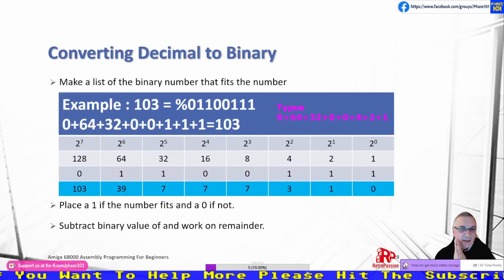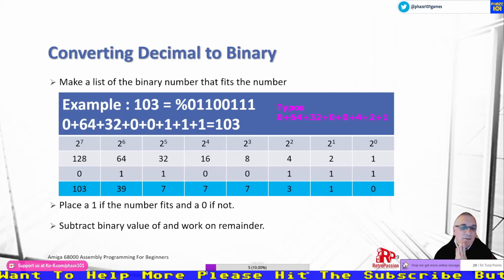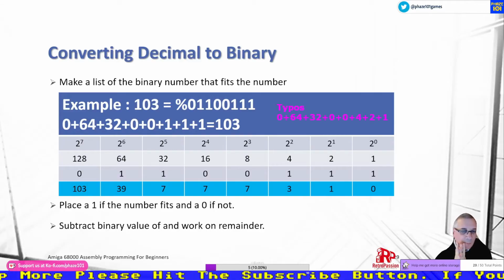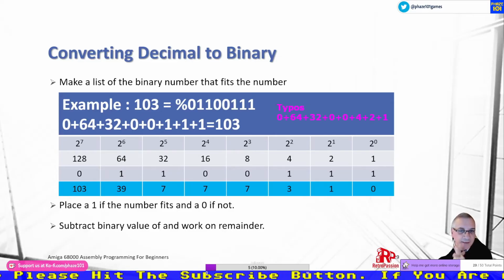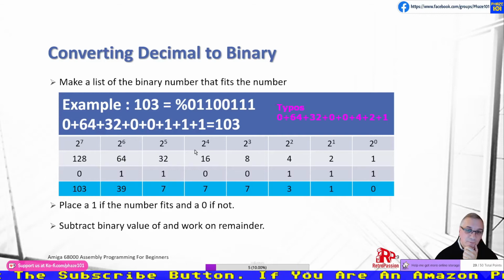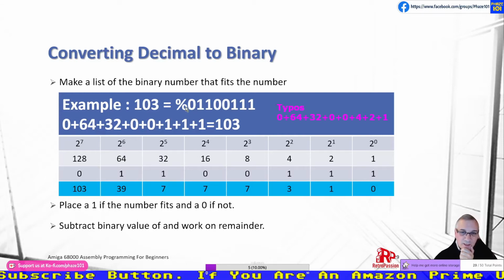Converting decimal to binary: if you look at the example in my table, we have 103, and the value in binary would be this.